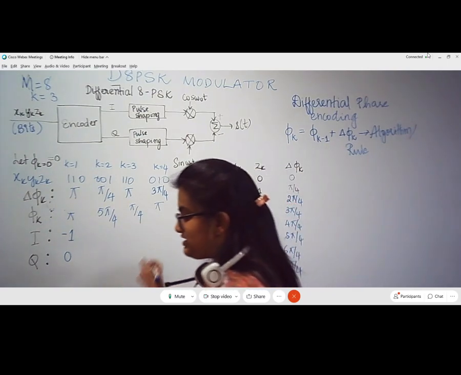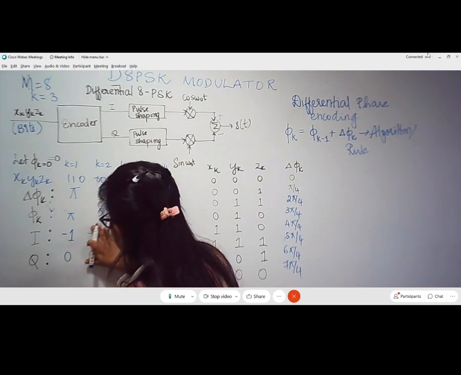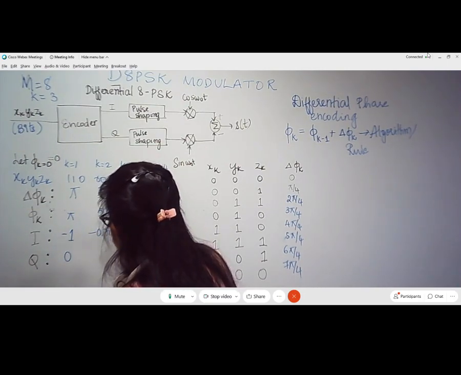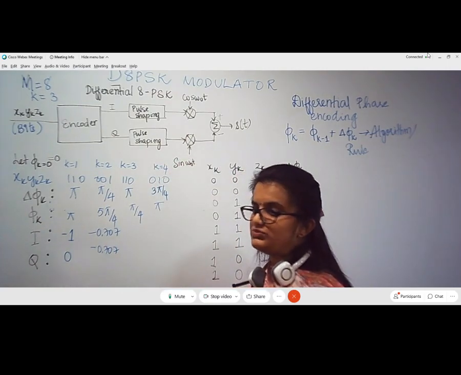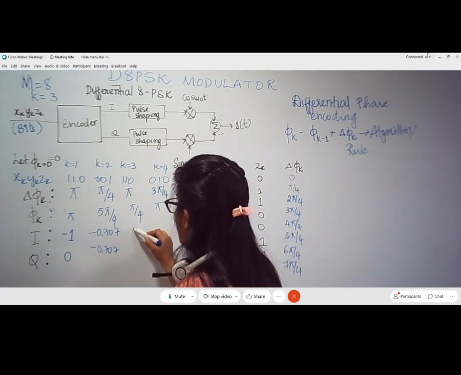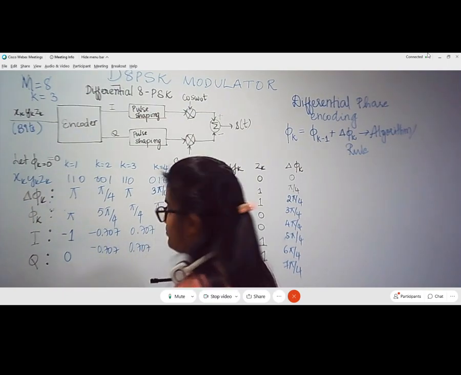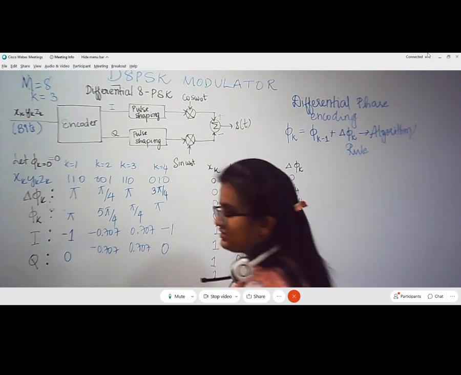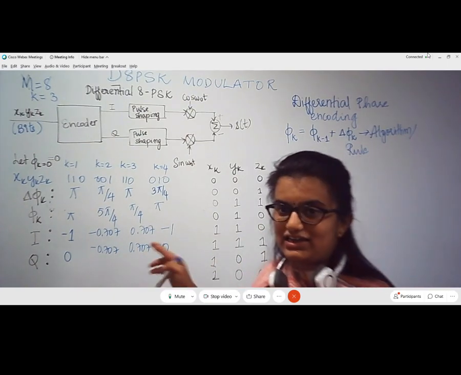It belongs to the third quadrant, where the I value of 5 pi by 4 is -0.707 and the Q value is also -0.707. Coming to pi by 4, both will be positive with the value 0.707. Again there is pi, so this will be -1 and this is going to be 0. This is how we are going to assign the I and Q values.